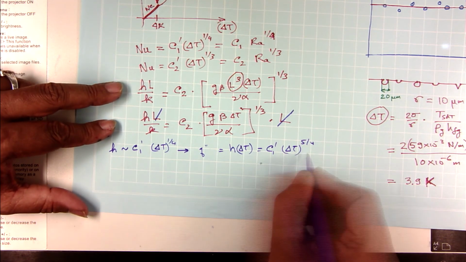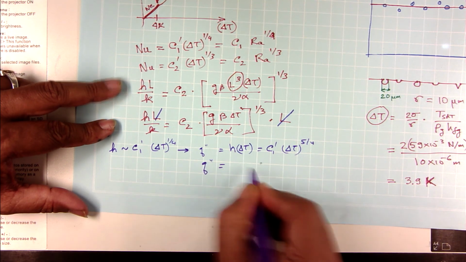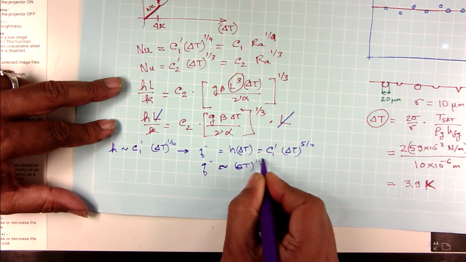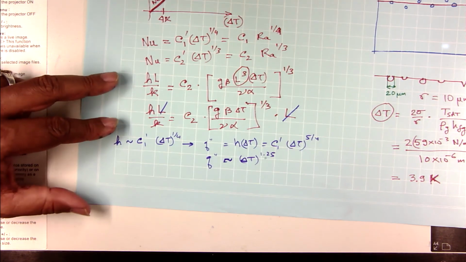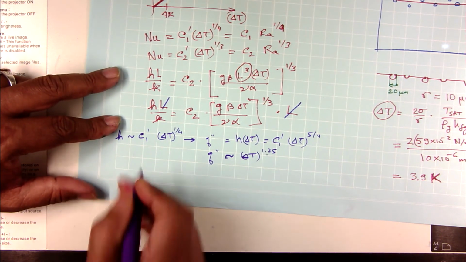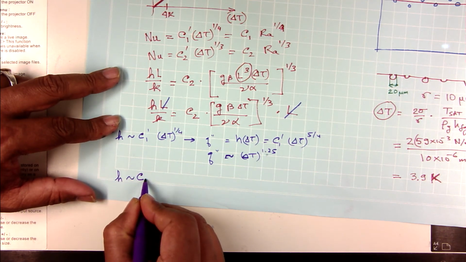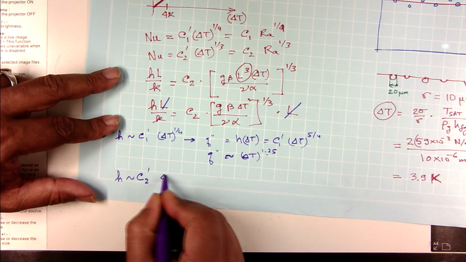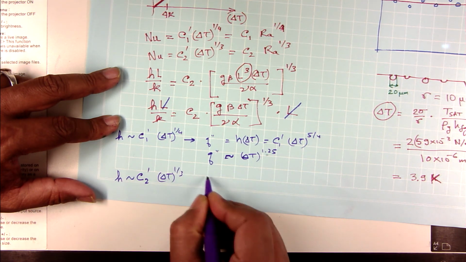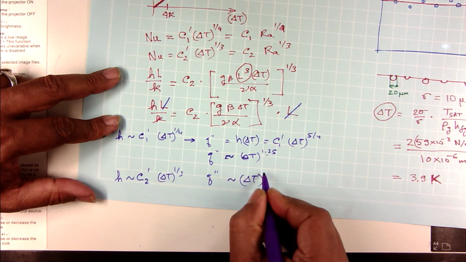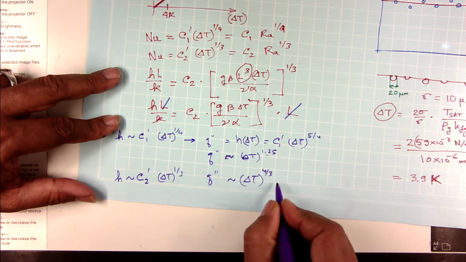So, in laminar flow, your q double prime is proportional to delta T to the power of 1.25, isn't it? Now, if I am in turbulent flow, my h is proportional to C2 prime times delta T to the power of 1/3, and so my q double prime is proportional to delta T to the power of 4 by 3.